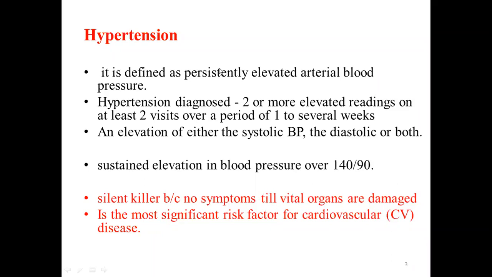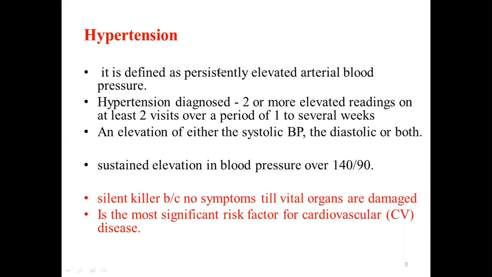That is very important. Then apart from that, when we say hypertension, we have systolic blood pressure and diastolic blood pressure. Either of them can be elevated or both of them can be elevated. But in most cases, in a hypertensive individual, both systolic and diastolic pressures are usually elevated.